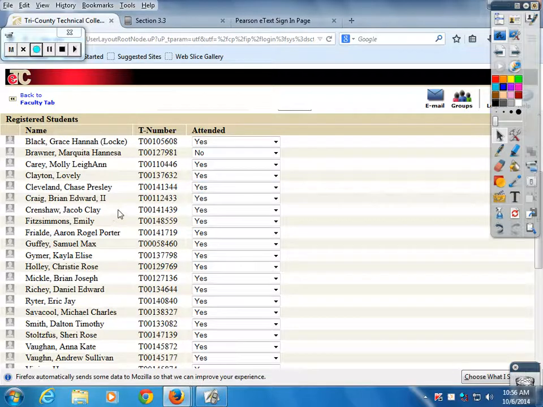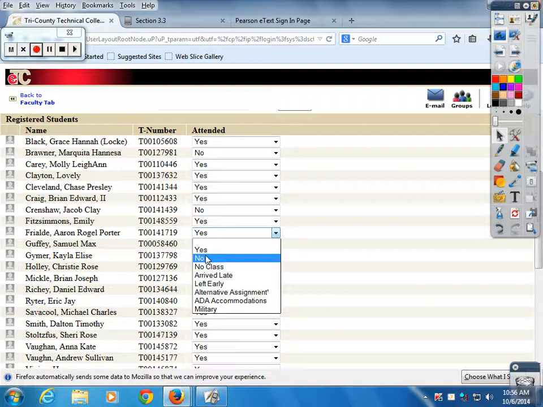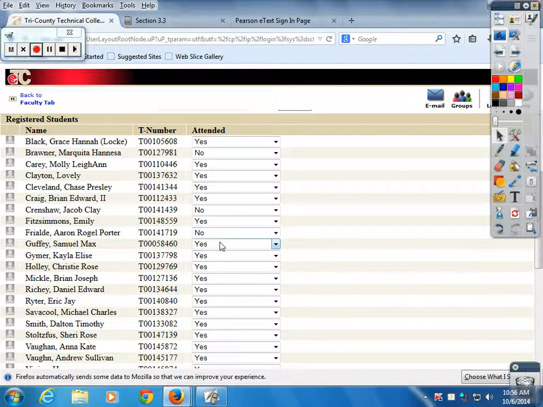Mr. Crenshaw? Not here. Miss Fitzsimmons? I don't see Mr. Frialdi. He must have quit. Good. Just kidding. Mr. Guffey is here. Nah, he's a good guy.